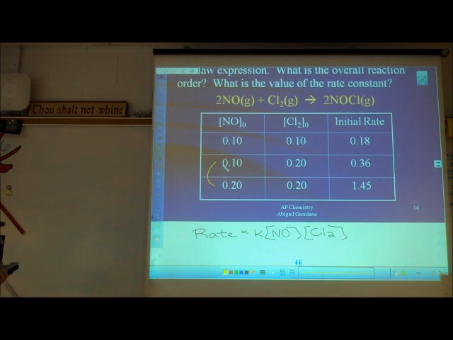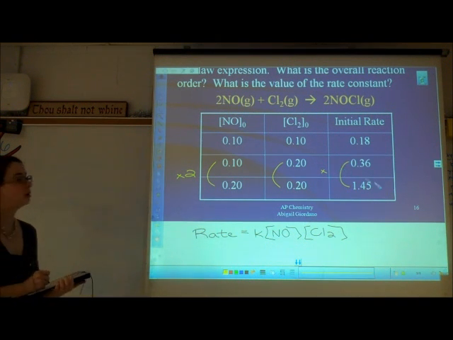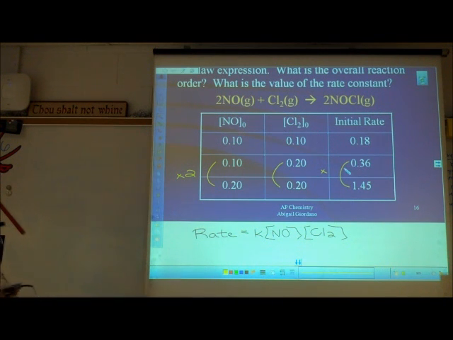So, comparing lines 2 to 3, tell me what happens to go from here to here. Multiplied by what number? 2. The other reactant remains constant. It has to. If you're not sure what it's being multiplied by, it will always be a whole number. You could always put this number divided by that number in your calculator.